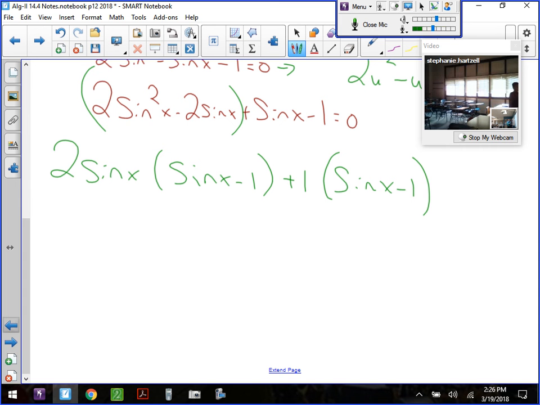So you've got 2 sine x plus 1 and sine x minus 1 both equaling 0. A lot of people from this step are able to write what angle has. If you want to, go for it. If you want to write out the extra step before you do it, it's fine also.